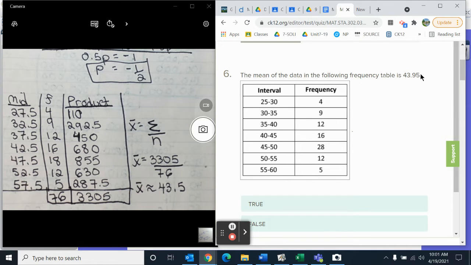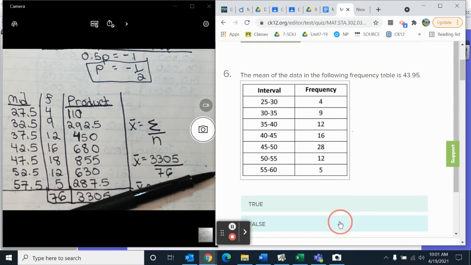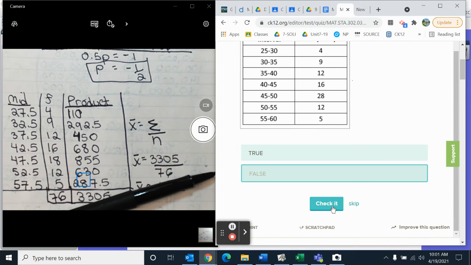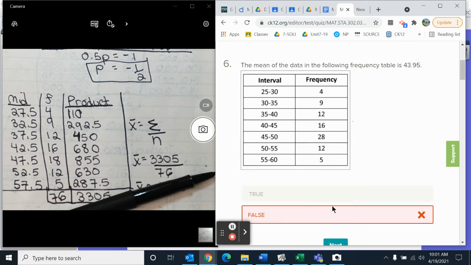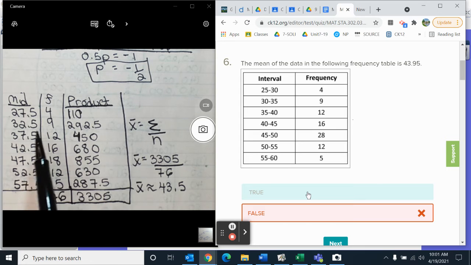So I would argue this is false, as long as I did my calculations correctly. So it is true. So likely I made a mistake here. I'd encourage you to find it to make sure you understand why this is true.